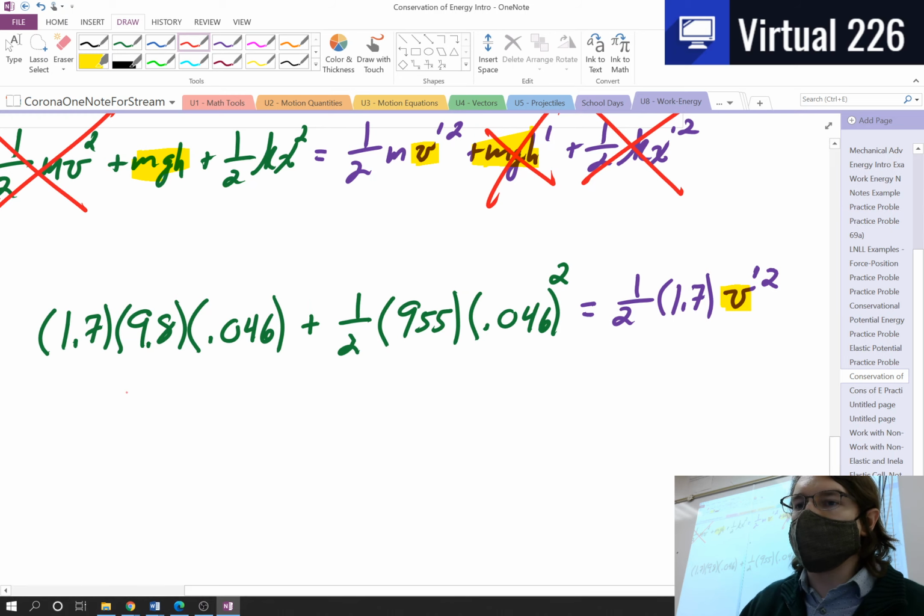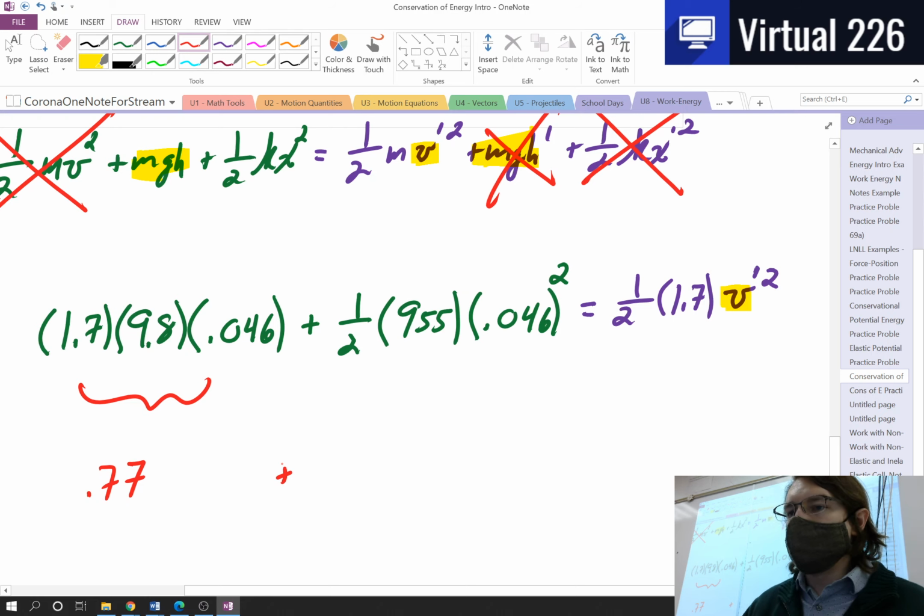I get for the gravity 0.77, rounding up. The 1/2 times 955 times 0.046, and that value squared, so please remember to square the 0.046 first and then work from there. I get 1.01.